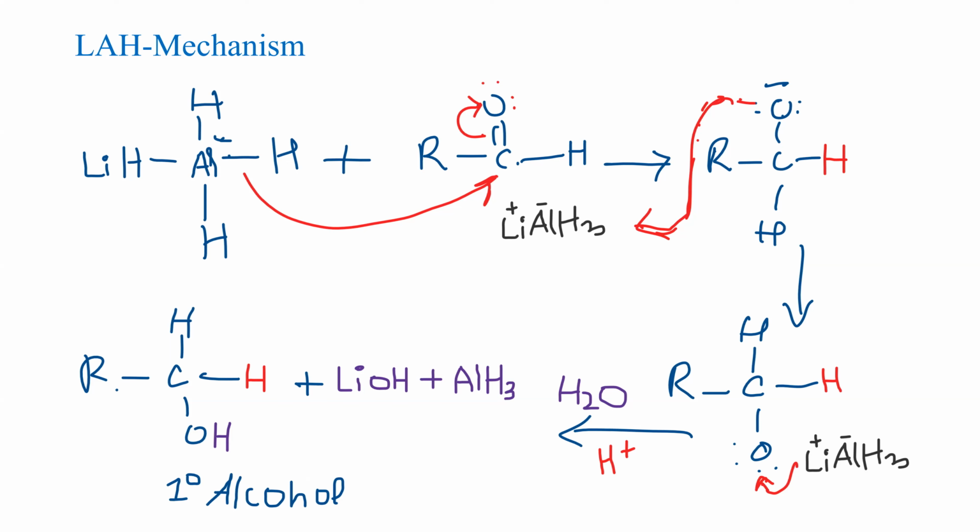If I'm writing methanol, aqueous methanol or ethanol, then you should go straight to the metal hydride we should use, which is sodium borohydride, because this does not react vigorously with water. But if we are using aprotic solvents, then you will go for lithium aluminium hydride, which is the more vigorous one and the stronger reducing agent.